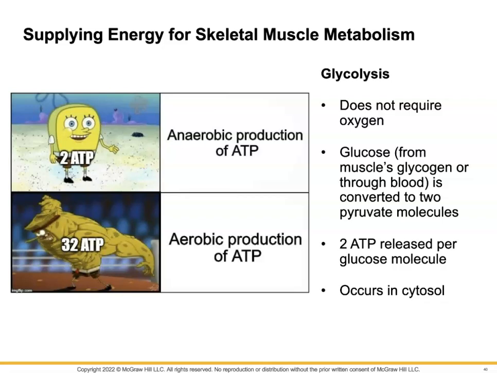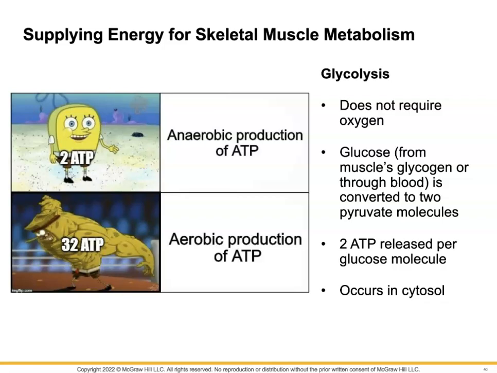So because we didn't have oxygen and we didn't go through the Krebs cycle in the electron transport chain, it's just glycolysis. We actually make 4 ATP, but remember we had to spend 2 to start the process. So with glycolysis, we net 2 ATP. Because this is much quicker than cellular respiration, ATP is produced much more quickly.